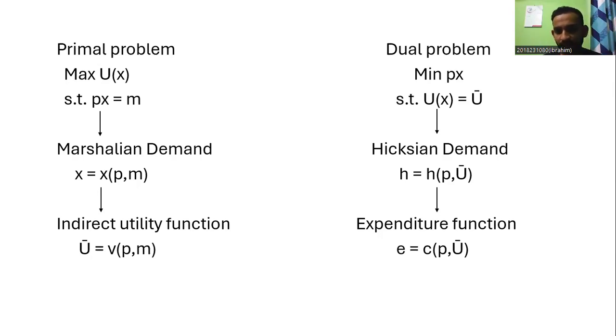And if we put the variables into the Hicksian demand, we can get the expenditure function, which is the function for the expenditure minimization problem, EMP. So it is in terms of price and given utility. So these are the two functions and two demands we can get from the primal problem and dual problem.